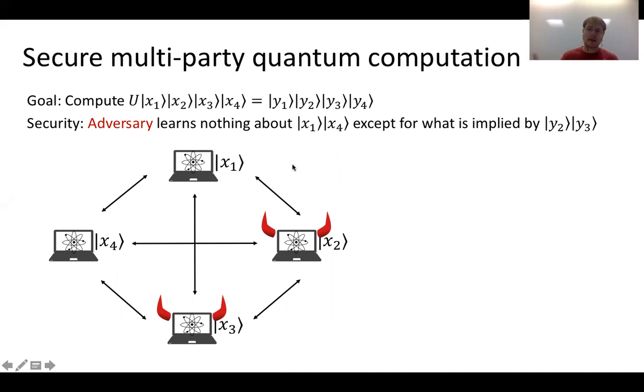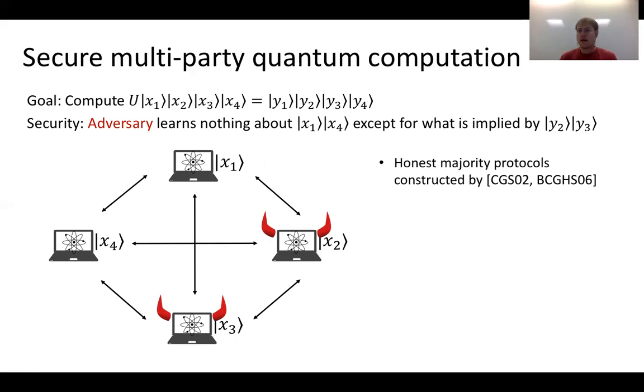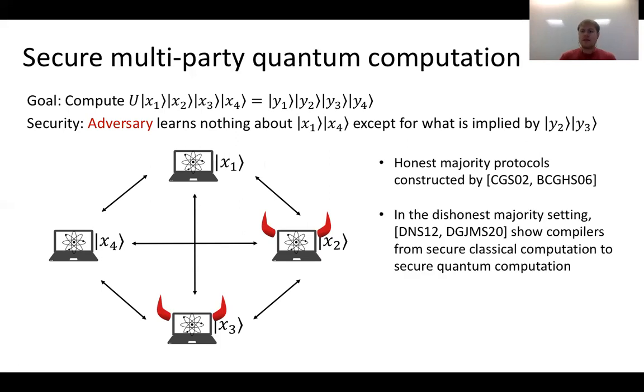And so, of course, classical MPC is extremely well studied and dates all the way back almost to the beginning of modern crypto. Multi-party quantum computation has also been studied, but of course, not as much. So what is known is that there are these two works in the early 2000s that constructed information theoretically secure protocols in the honest majority setting, okay? Later on, the dishonest majority setting was considered.